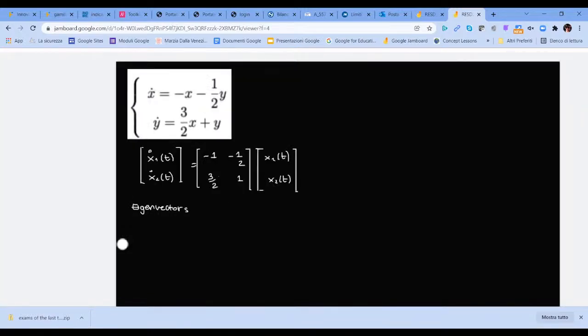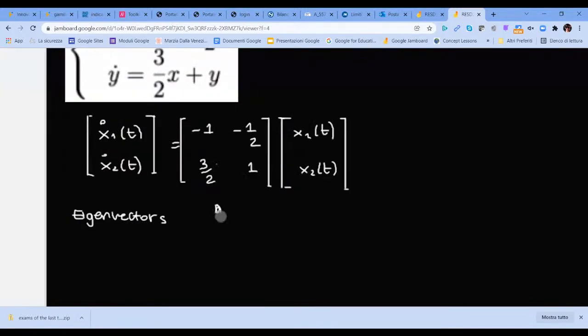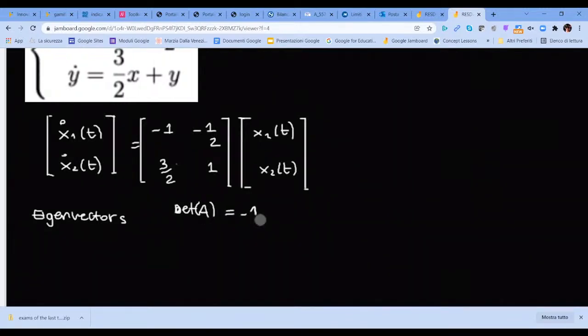The determinant of the matrix A is -1 times 1 minus -1/2 times 3/2, that is plus 3/4, and then this is -4/4 plus 3/4, minus 1/4.